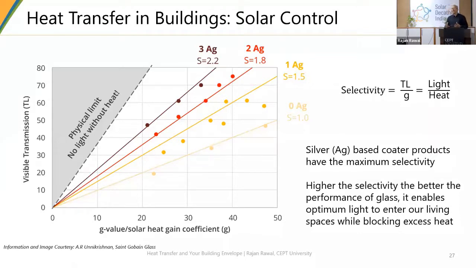Most of these glasses use silver as a material to manage spectral selectivity. So what you see generally in the market is either glass with a very low VLT but very good solar heat gain coefficient, or very high VLT but a middle or a little higher solar heat gain coefficient.